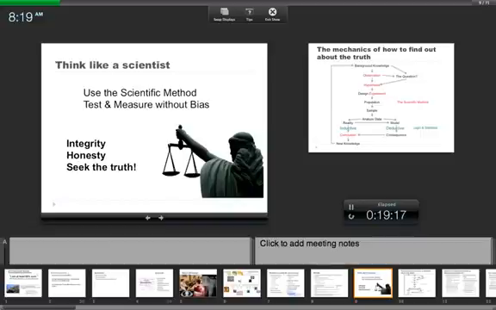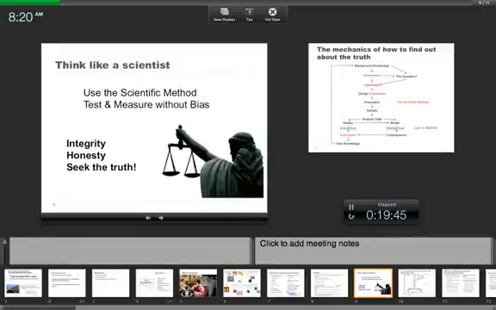So for clinical medicine, in order to get all this evidence, everything is based on science. So as clinicians, as well as scientists that are going to do research in biomedicine, everything needs to come about using the scientific method because we need to test and measure without bias.